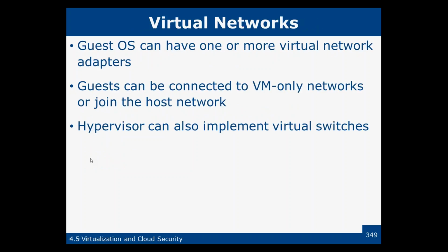Virtual networks: guest OSs can have more than one virtual network adapter, and the number depends upon which operating system you're running. The one that I was using was a 32-bit Microsoft system, and the Microsoft product allowed 4 NICs on a single machine.